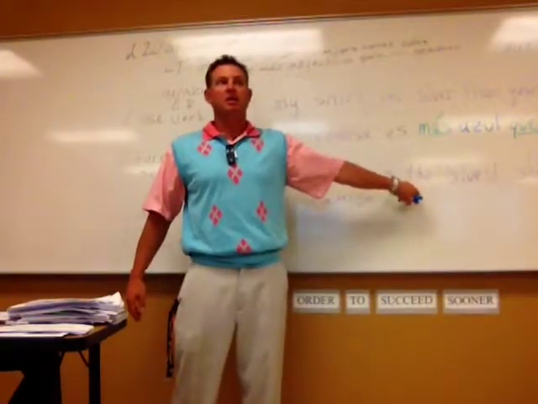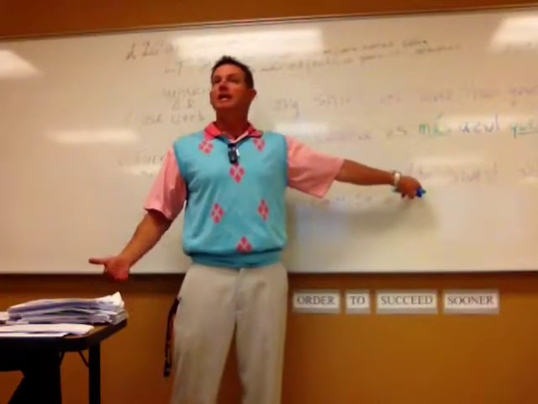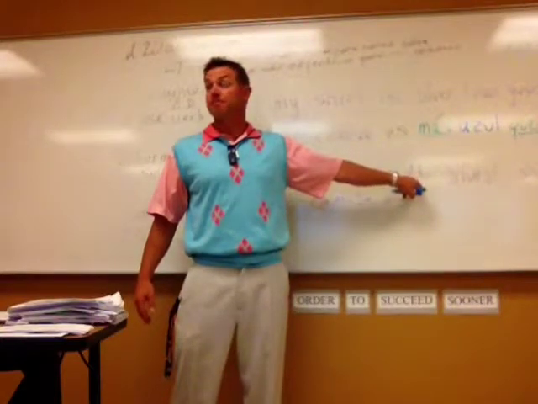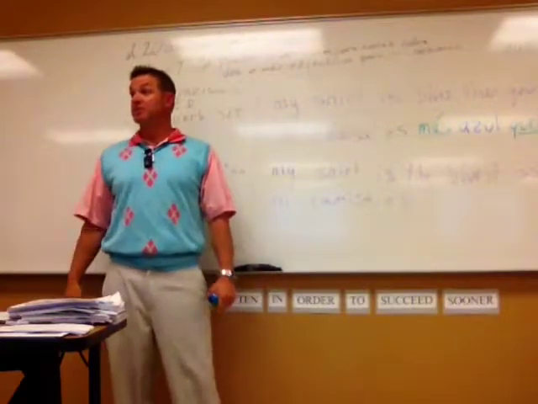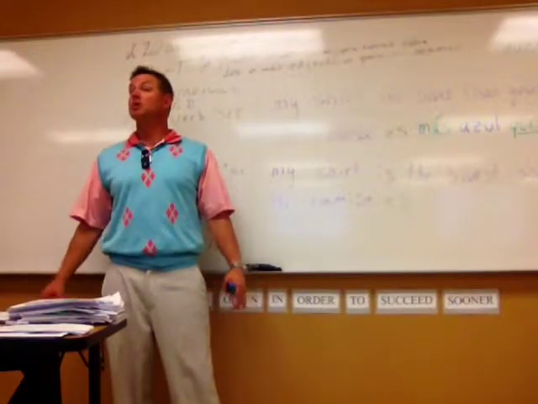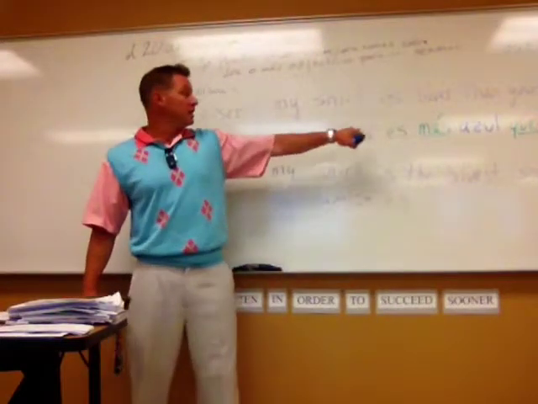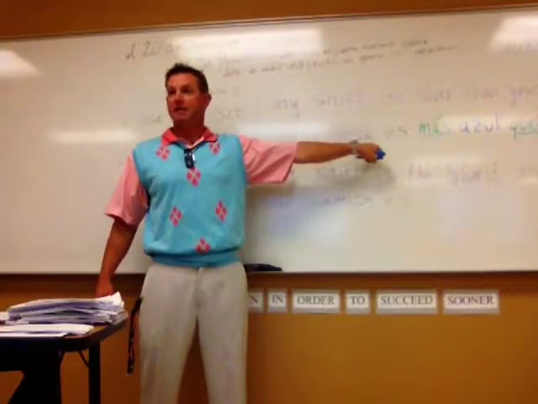So what is our article? What is our noun that we are describing? The shirt. How do we say the shirt? La. It's la because it has an A at the end. Rule of thumb. La camisa.